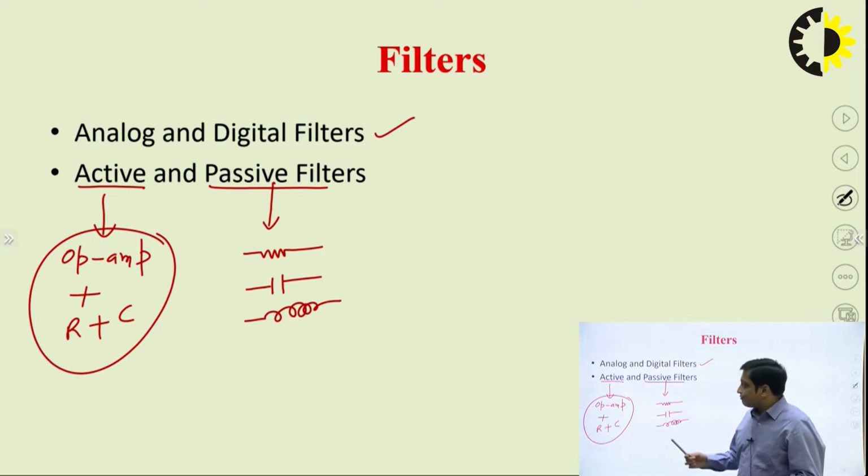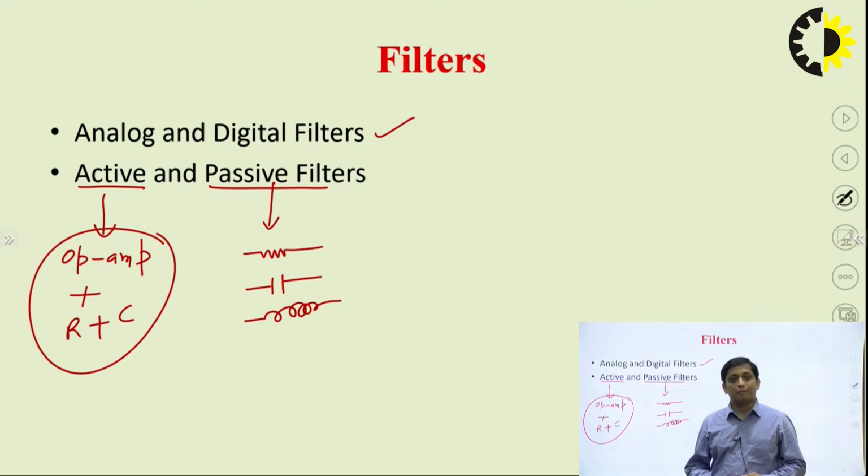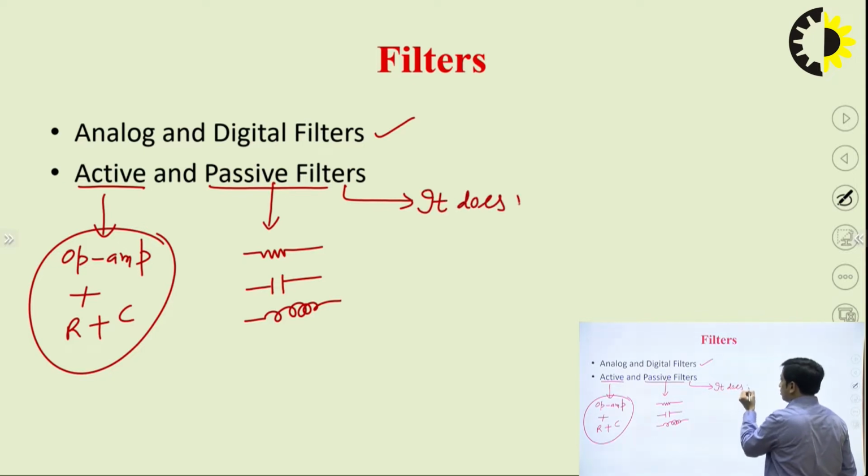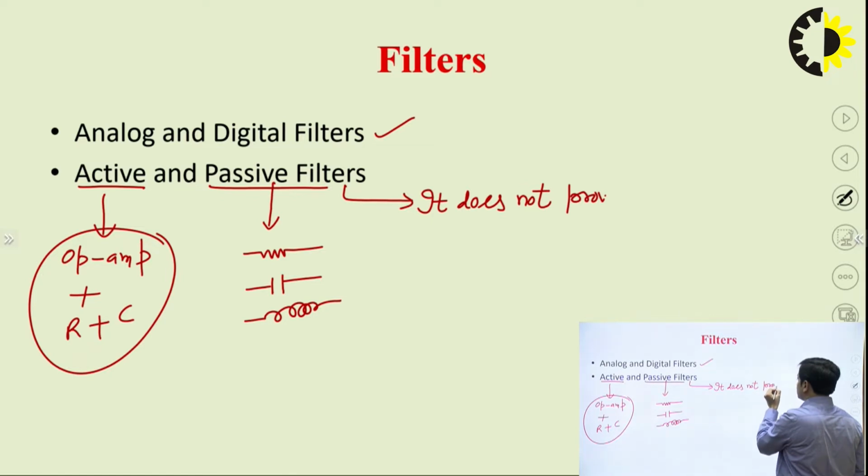So we can differentiate between active and passive filters, and understand the main advantages and the limitations of each. In passive filters, since there is no active element involved, we don't get any gain. One of the key points for a passive filter is that it does not provide gain, because if any circuit is made up of only passive elements, then it cannot amplify the signal.